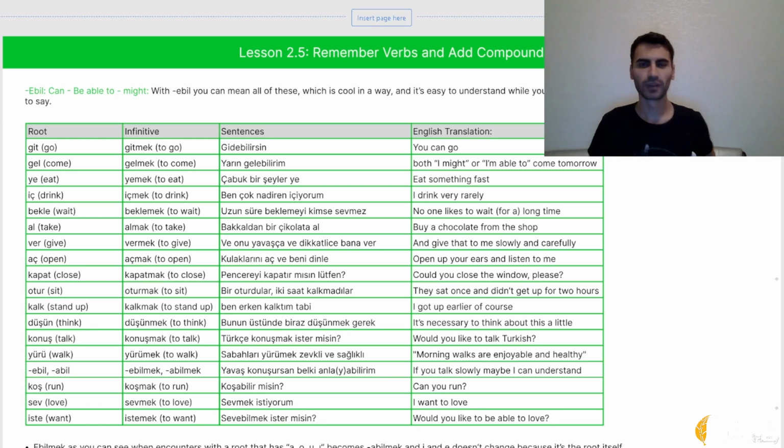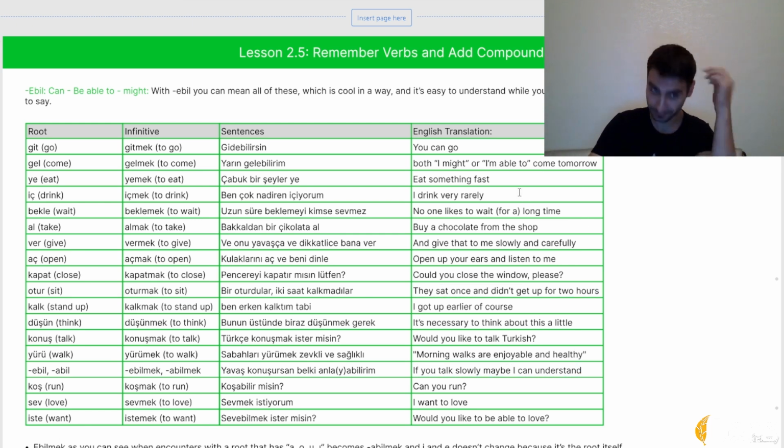Okay, we have learned many verbs actually, and we will learn even more and how to compound them. There are some verbs that are compounded with other verbs. So, you know, git, gel, ye, iç, like these are simple verbs.